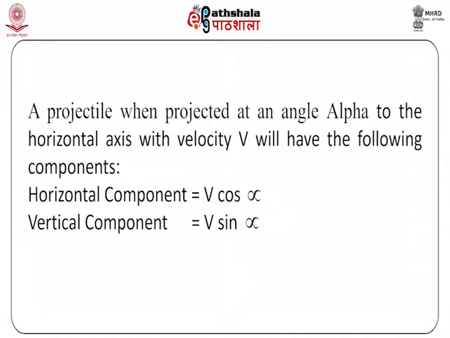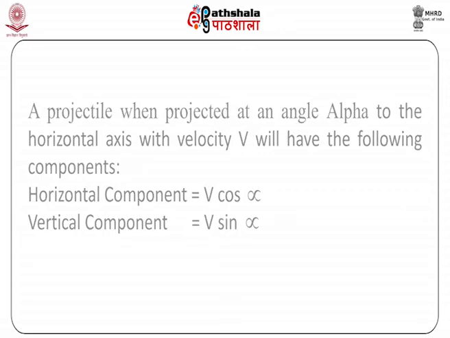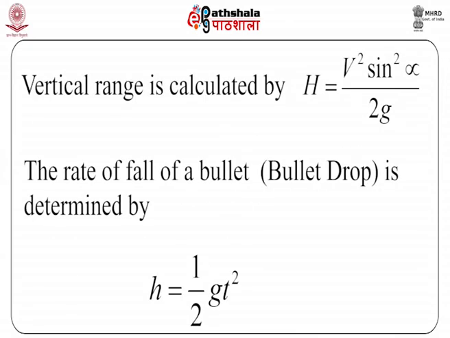A projectile, when projected at an angle alpha to the horizontal axis with velocity v, will have the following components. Horizontal component is equal to v cos alpha. Vertical component is equal to v sine alpha. Vertical range is calculated by h, which is equal to v square sine square alpha by 2g. The rate of fall of a bullet, bullet drop, is determined by h, which is equal to half gt square.